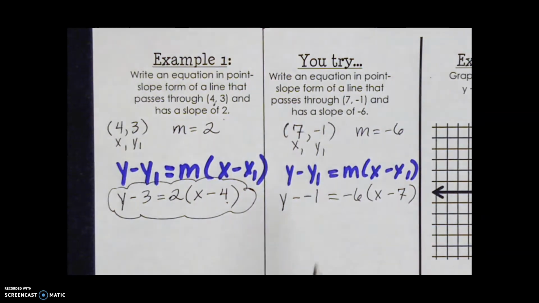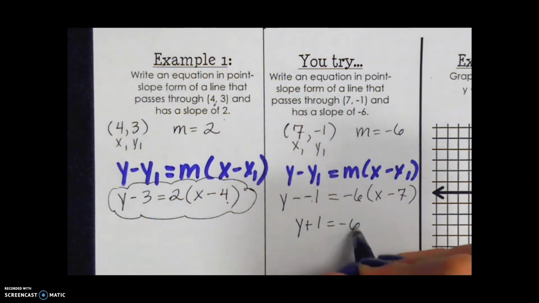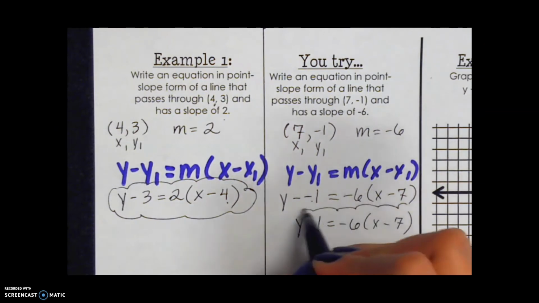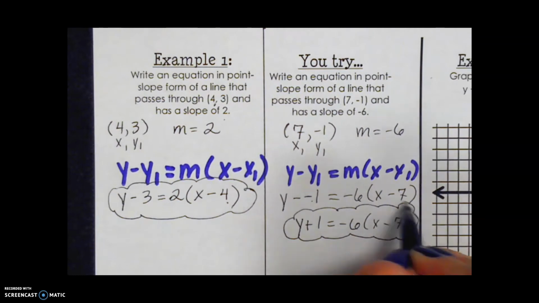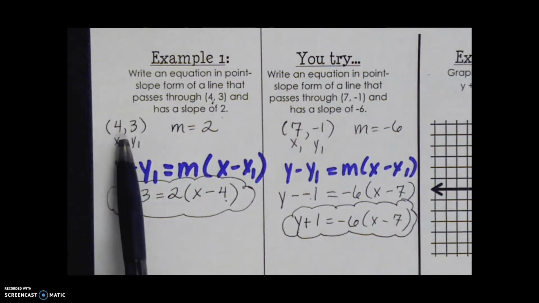Now we're almost done, but not quite done. If you take a look here, we have a minus, a negative. That becomes a positive. And then we just copy everything else down. All right, so I want you to notice the point and the equation.